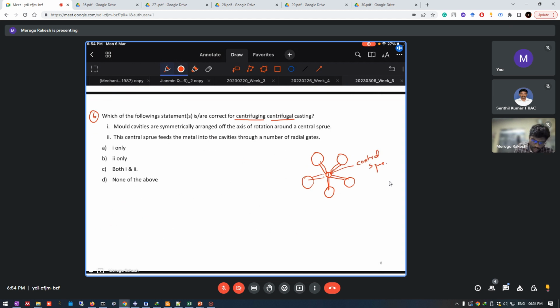Mold cavities are symmetrically arranged about the axis of rotation around a central screw, which is correct. This central screw feeds the metal into the cavities through a number of radial gates. So these are radial gates. Both statements are correct in this case.